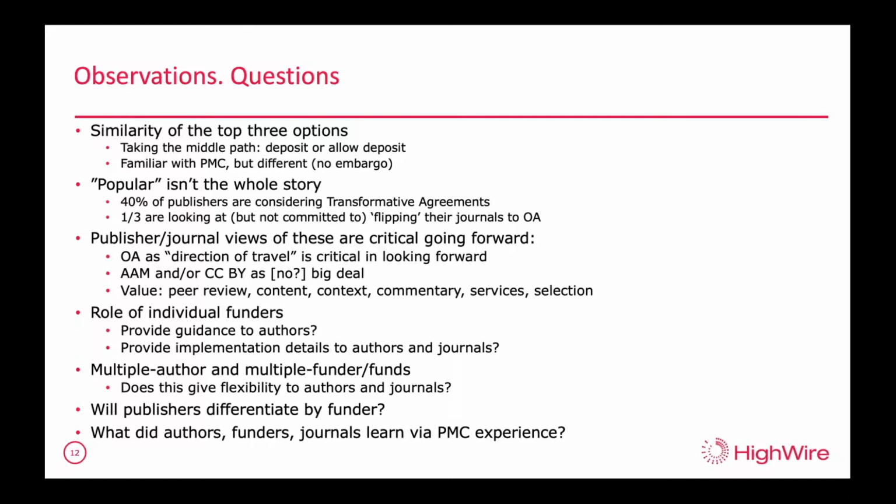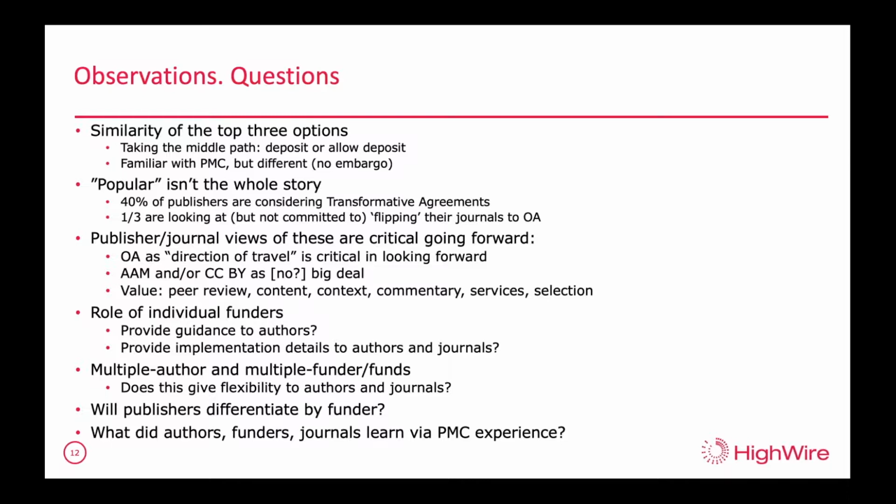So if you don't see these as a big deal, you might not focus on other options. You might pick one of these. And then the big question is, where do you believe your value as a journal or publisher really comes from? Is it in the content itself? Is it in your commentary, your context, your selectivity, other services, and so on?